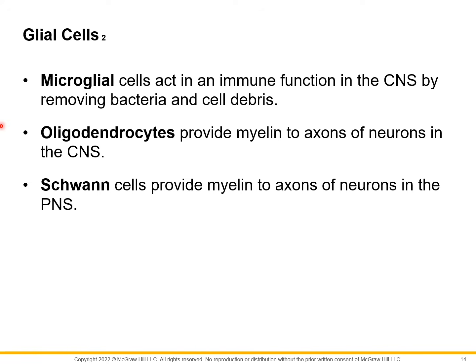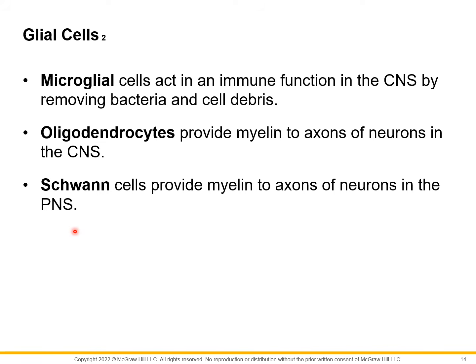system. Next are oligodendrocytes. So they provide myelin to the axons of neurons in the CNS. Myelin is made up of proteins and fatty substances that forms a sheath or covering around the axons. Next are Schwann cells. Schwann cells also provide myelin, but these ones sa peripheral nervous system po sila nagwo-work.